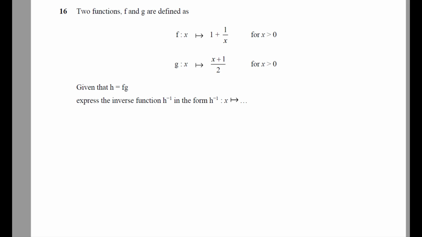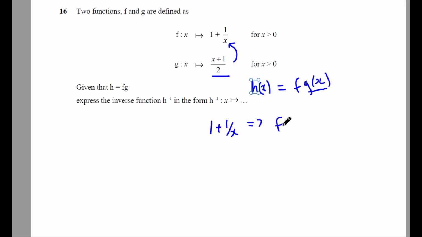Now h equals fg here, and it's a functions type question. Now you might not have seen that before, but that's like saying hx equals fg of x. So essentially subbing g of x here into that x value here. So we start off with f, we've got 1 plus 1 over x.